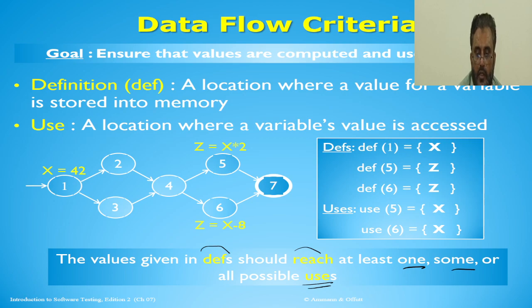So whatever variable is being defined in the code, which is visibly reflected on the data flow graph, the goal is to have this definition reach at least one, some, or all possible uses of this variable. Based on these three concepts, there are two or three different data flow coverage criteria which software testers need to focus on.